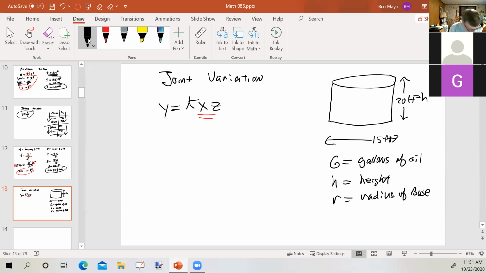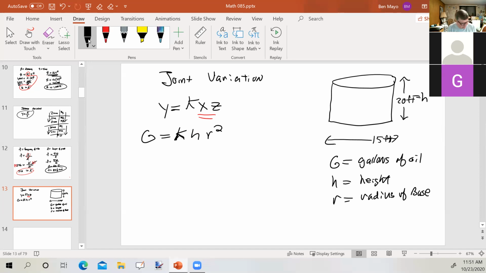So back here, the number of gallons that can be stored, G, equals K times the height, H, and the square of the radius. So G equals K H R squared, that's our formula.